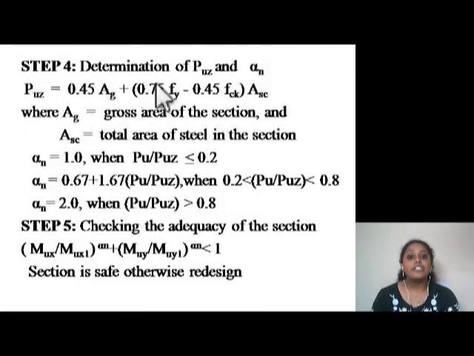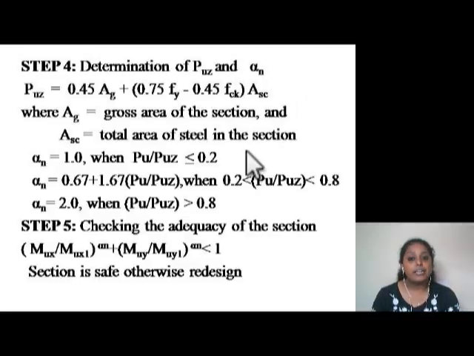Next step is determination of Puz and alpha n. This is the equation we have to use. Find Puz: (0.45 fck Ag plus 0.75 fy) ASC, where Ag is equal to gross area of the section and ASC is equal to total area of steel in the section. In this we have to find alpha n.